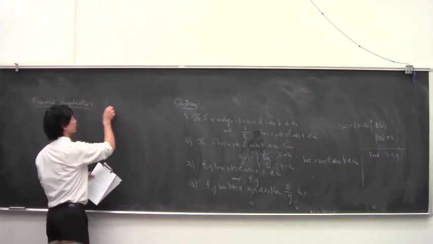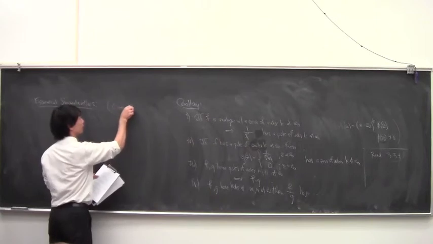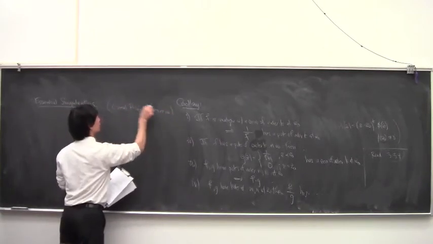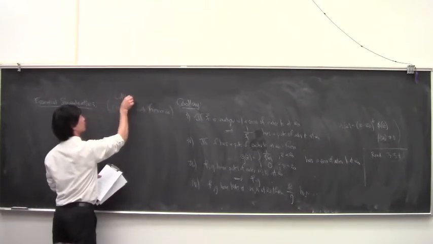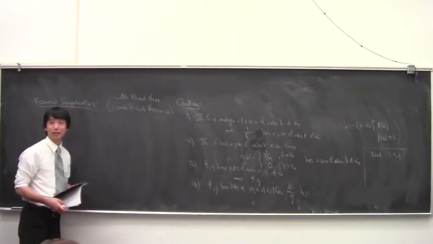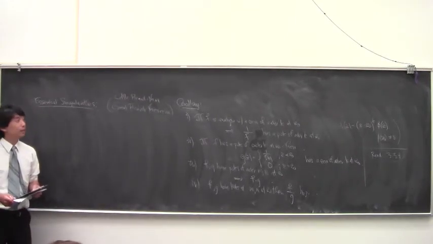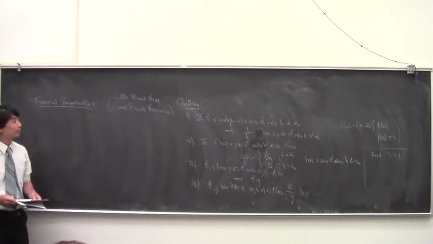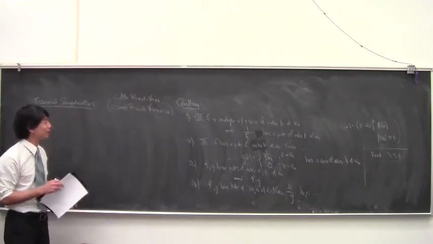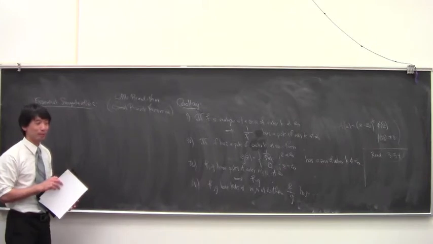Probably the greatest result is the great Picard theorem. There's also something called the little Picard theorem. We talked about the little Picard. Yeah. So I'll state the great Picard theorem.